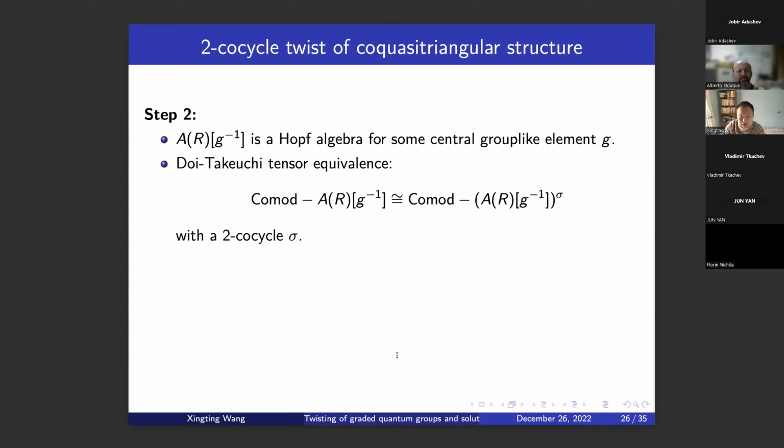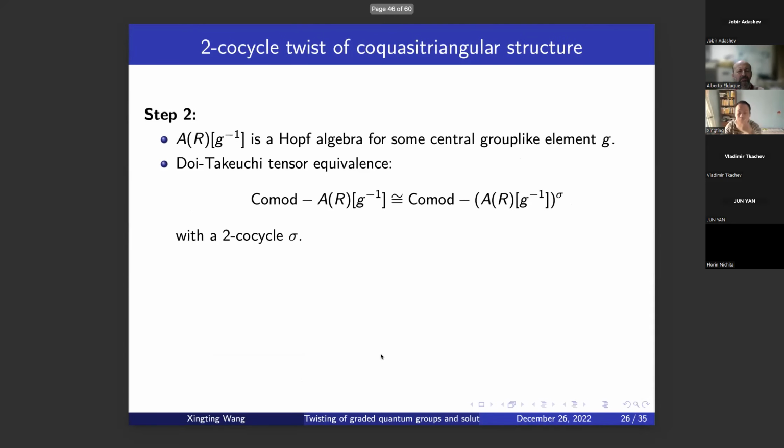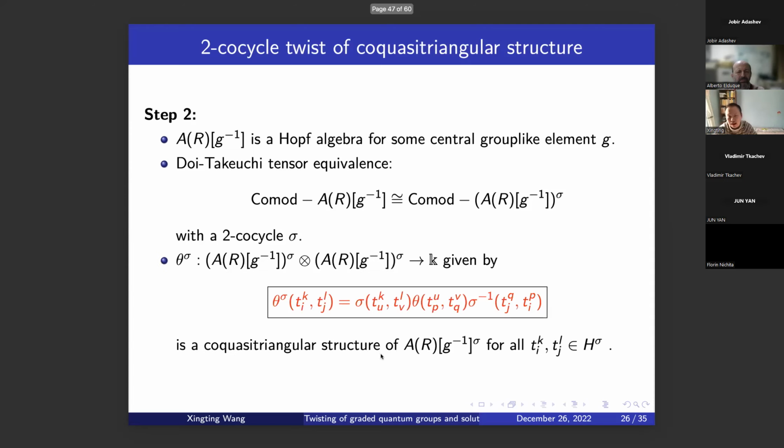The original A_R, if you take its comodule category, is a braided category. And I can use the idea of equivalence from two-cocycles. If you find a two-cocycle sigma on A_R, then I get an equivalent comodule category; I consider the two-cocycle twist of A_R.